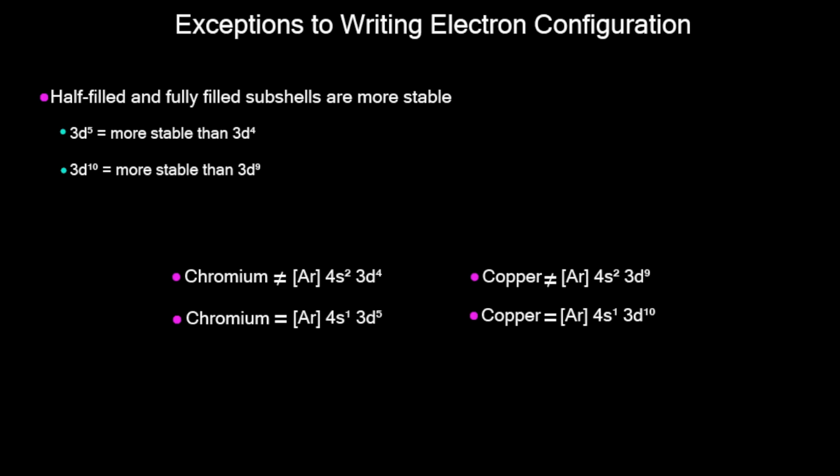For the MCAT, the most important exceptions to know are chromium and copper and some other ones that we will cover just shortly. If you see a configuration that would give you a d4 or d9, pause and consider whether a half-filled or fully filled d subshell is possible instead.